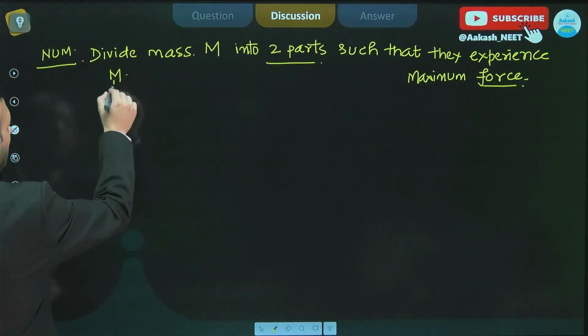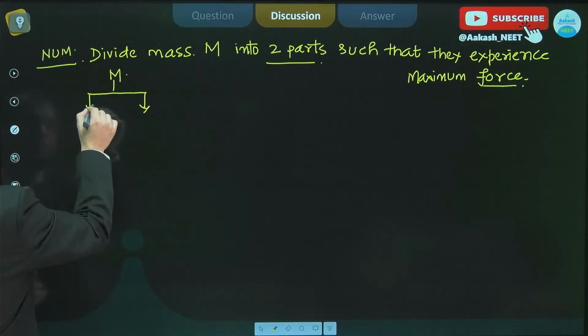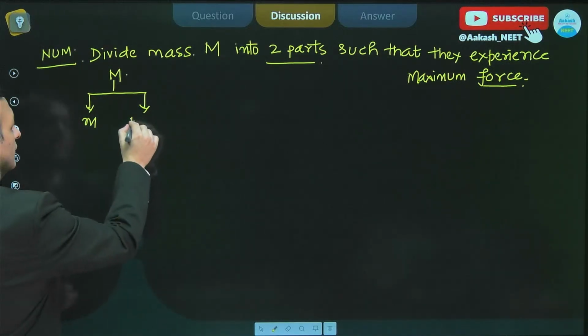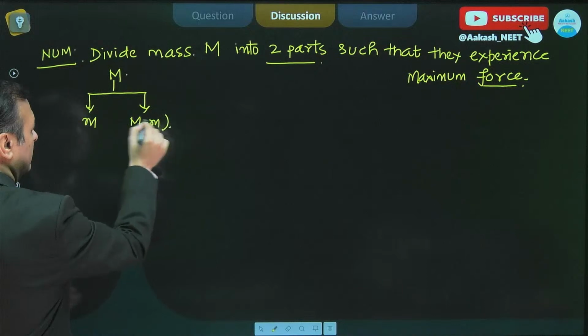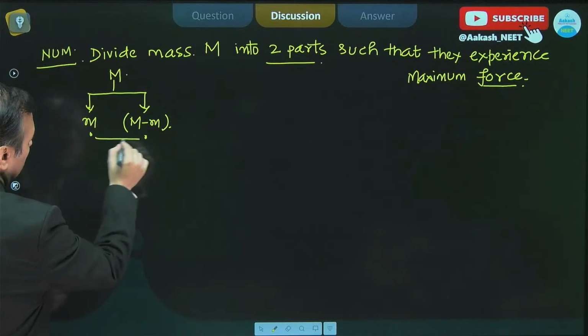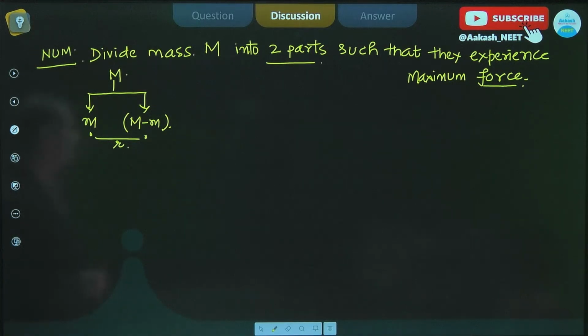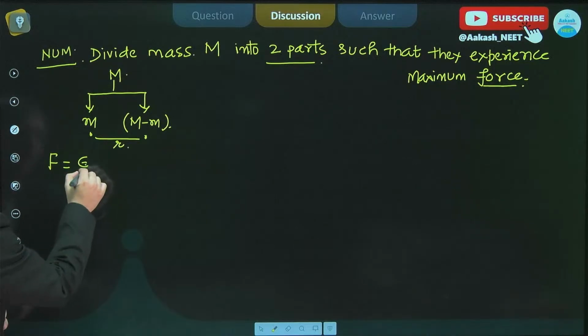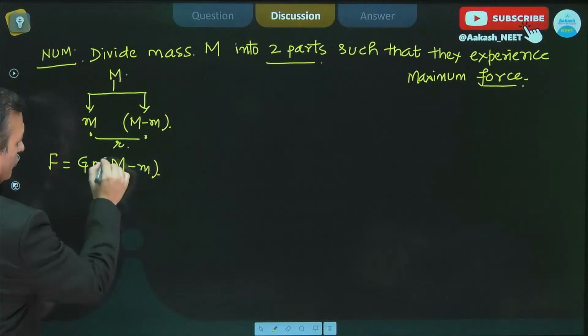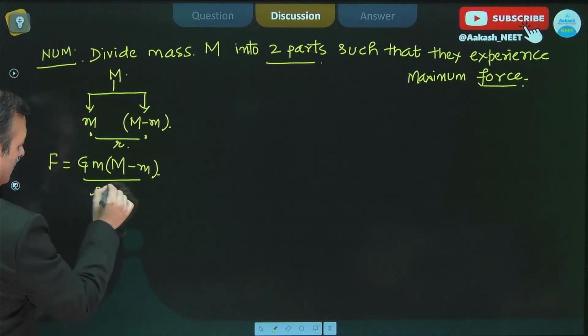So let's suppose one part we break into small m, the other left out part would definitely be M minus m, and they are placed at separation r. As per the law, the force between them is given by G m1 m2 by r square.